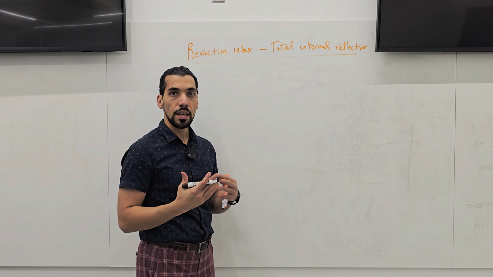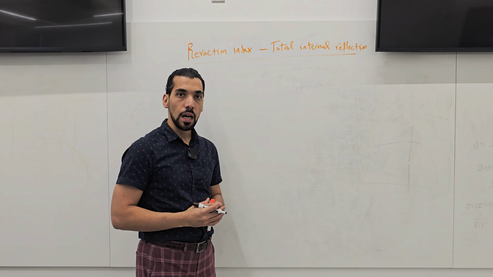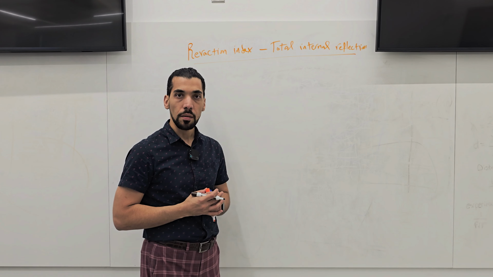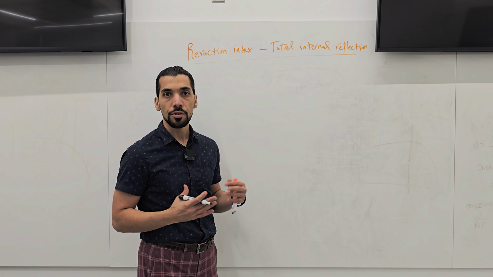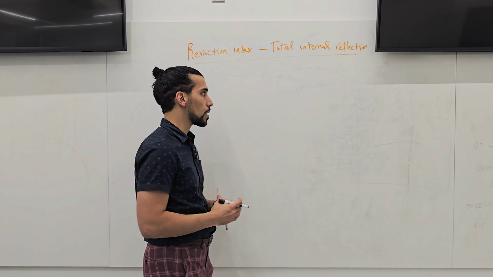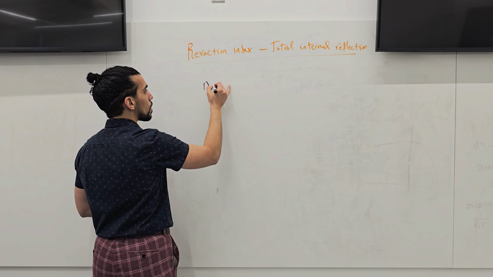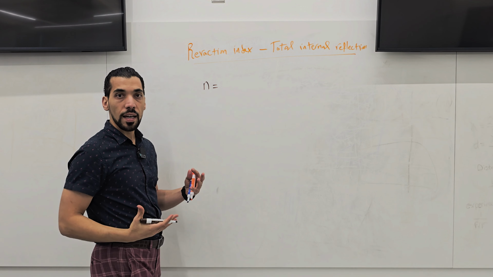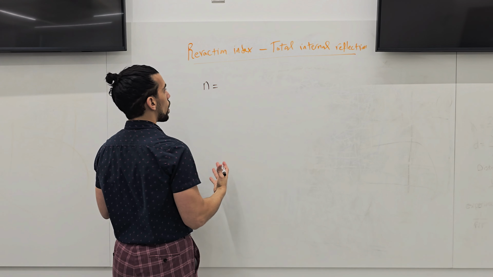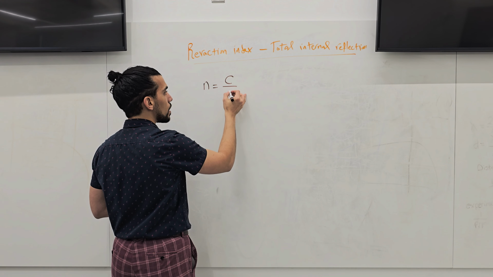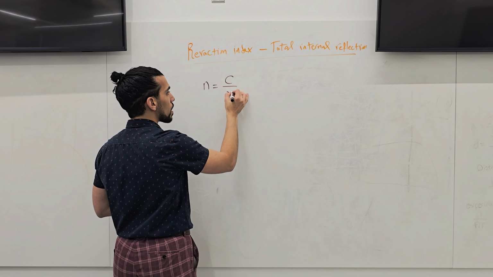In vacuum, space, or air, it is the maximum, which is 3 multiplied by 10 to the power 8 meters per second, but this value changes in different mediums. So basically, the refraction index depends on the speed of the light in different mediums, and n originally is equal to c, the speed of light, over the speed in the medium itself.